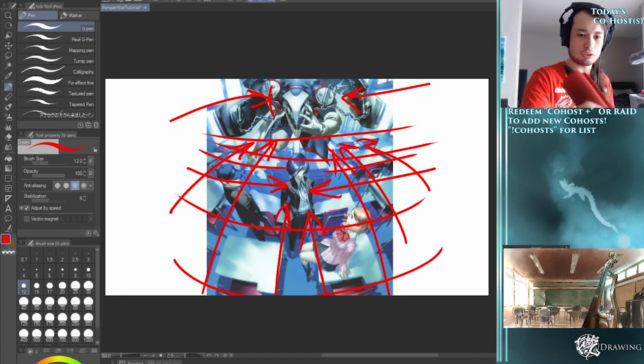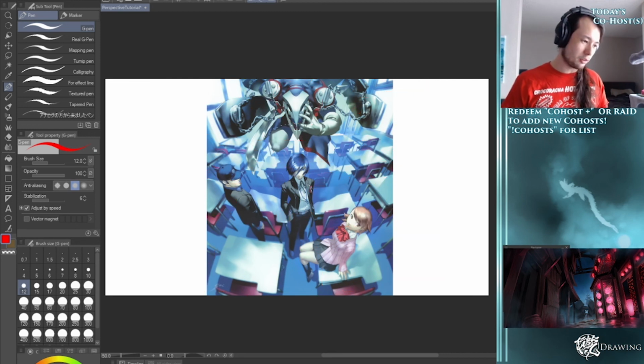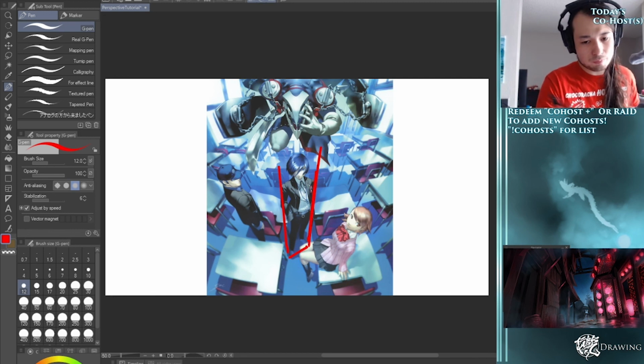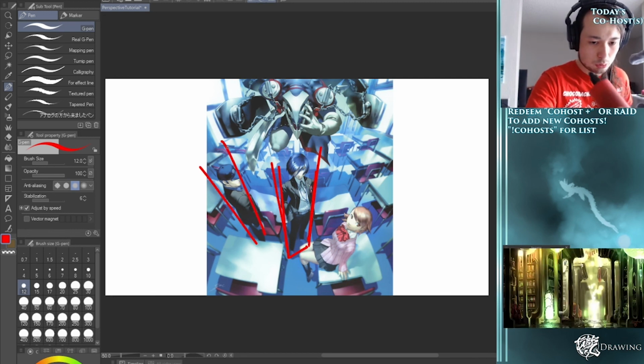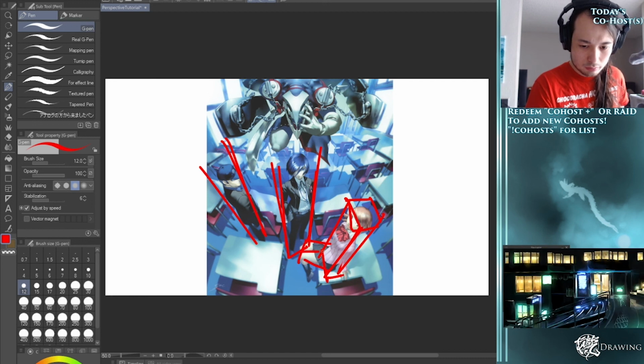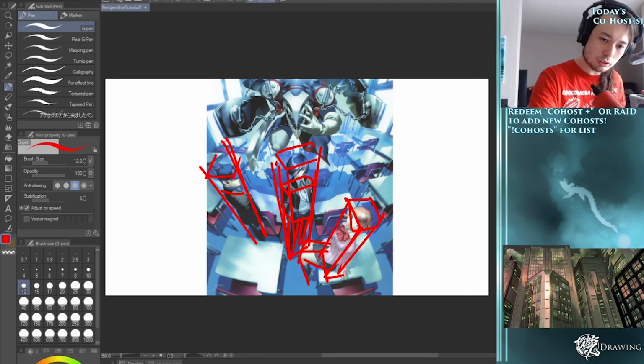These lines push us in towards Thanatos, etc. But just focus on the characters and you'll realize that they're standing in perspective too. We can break them down if we want.